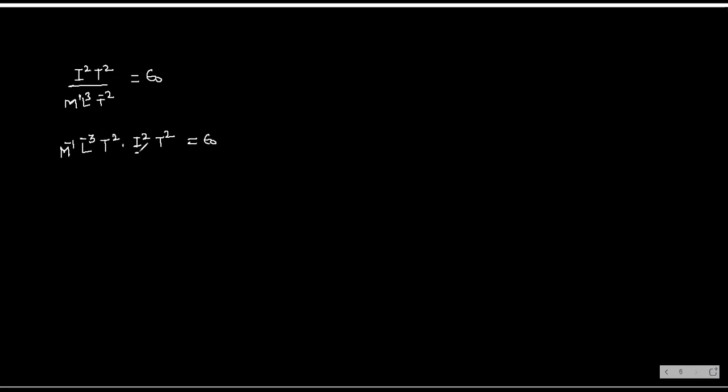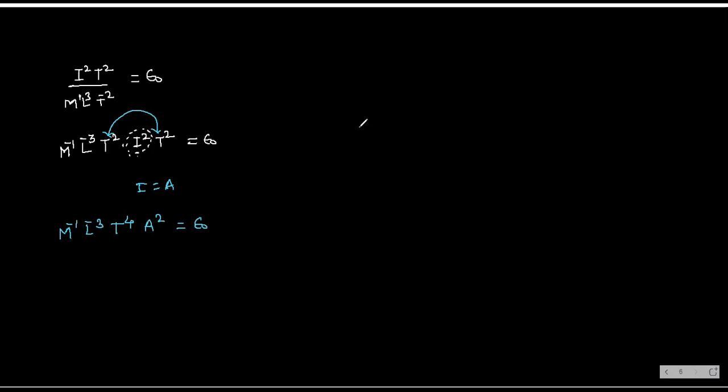But current we should denote by A, because sometimes they will say in the question I is equal to A, so let's denote with A, not an issue. So what are we getting now? M power minus 1, L power minus 3, this T square and this T square I am adding, so I will get T power 4, and I am replacing I with A power 2, which is equal to epsilon naught.